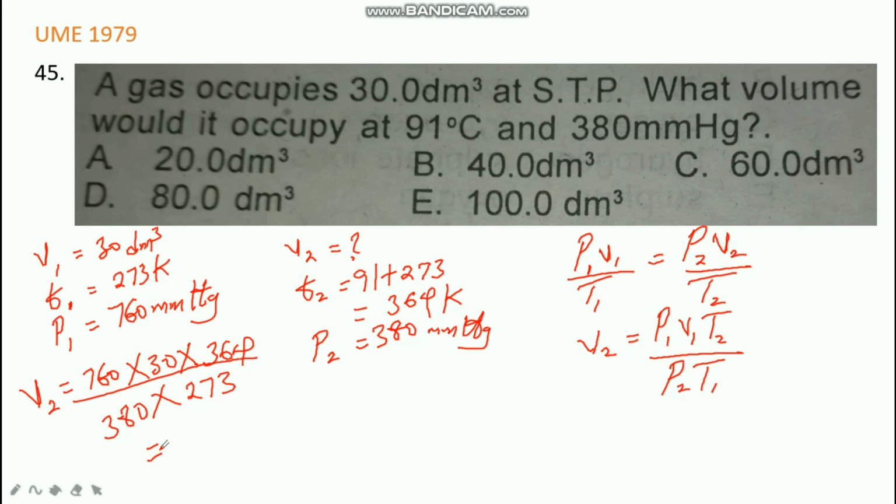So let me quickly do that: 760 times 30 times 364, then divided by 380, then divided by 273. That will result to 80 cubic decimeter, which should be option D. So that is option D.